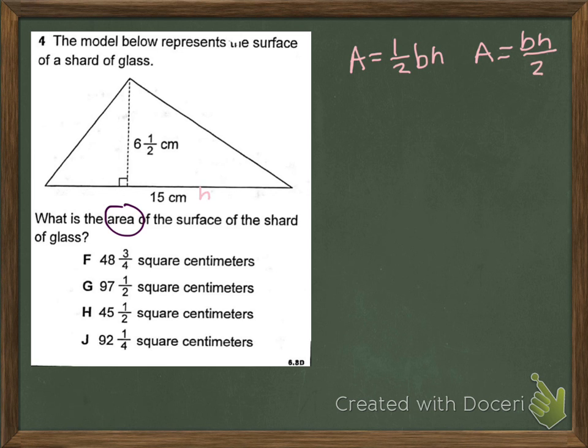So here we have our base and we have our height, right? So we can plug in A equals 15 times 6.5 divided by 2. And I think that we know how to finish that problem. You're going to multiply these numbers and then divide by 2. Okay, we've got 2 more.